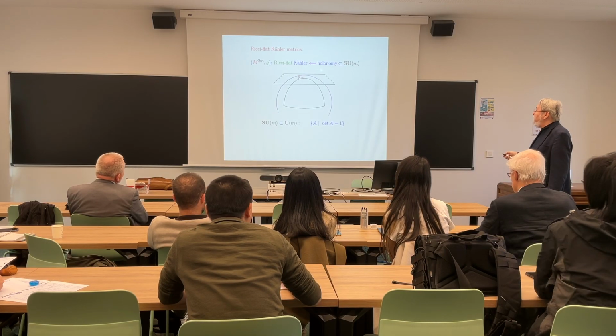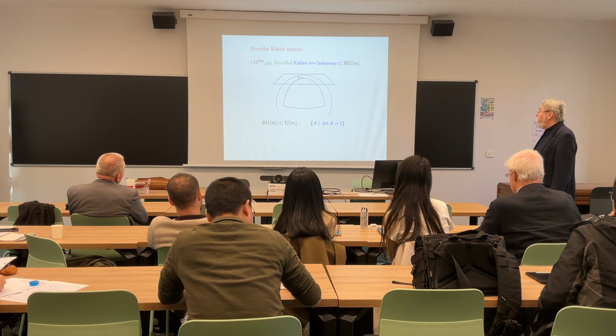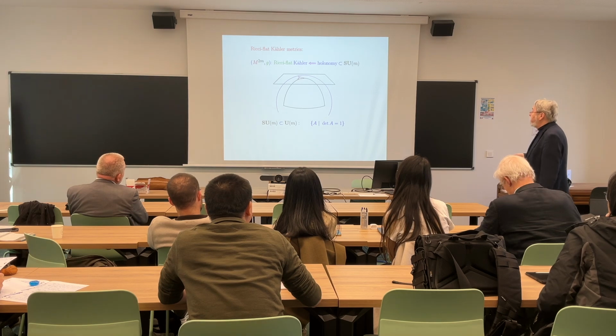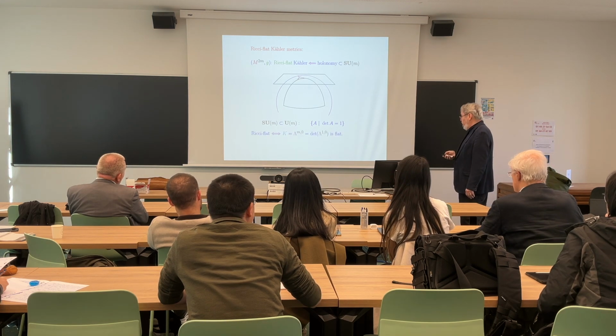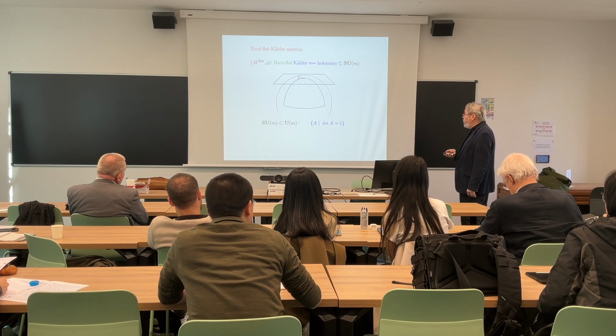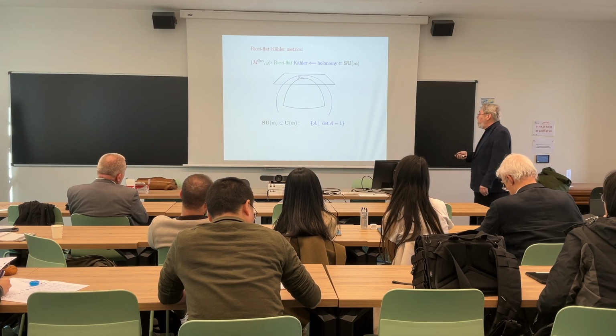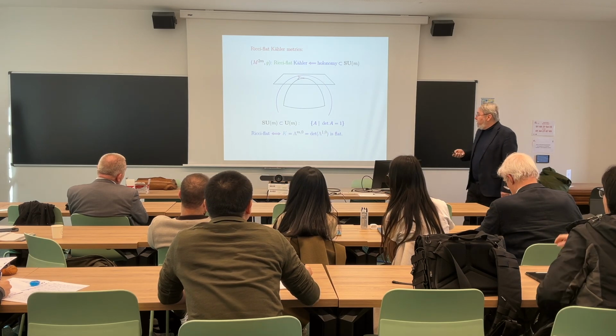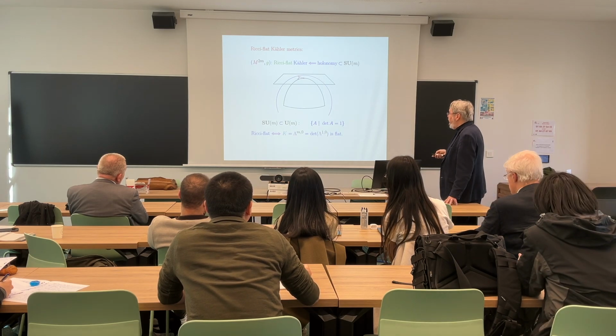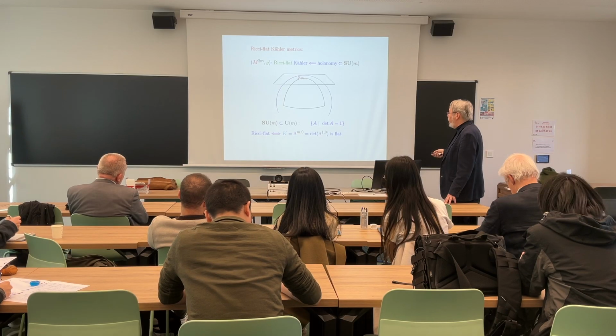Warning: this is not an if and only if yet. It's close to being an if and only if. SUM is the set of elements of UM, thought of as complex matrices, whose complex determinant is 1. And to be Ricci flat is saying that the canonical line bundle is flat.